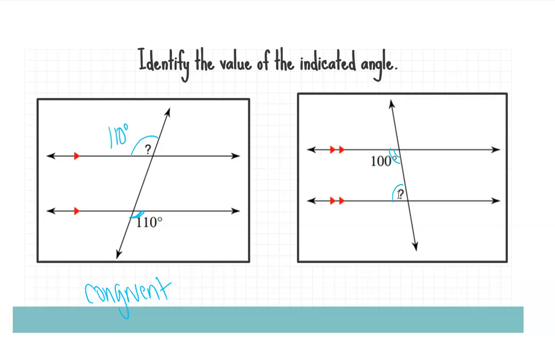We know that same side interior angles are going to be supplementary, which means that they add to 180 degrees. So that means 100 plus what number is going to be 180 degrees? For this one, we can just say 80. So 100 plus 80 is 180 degrees.